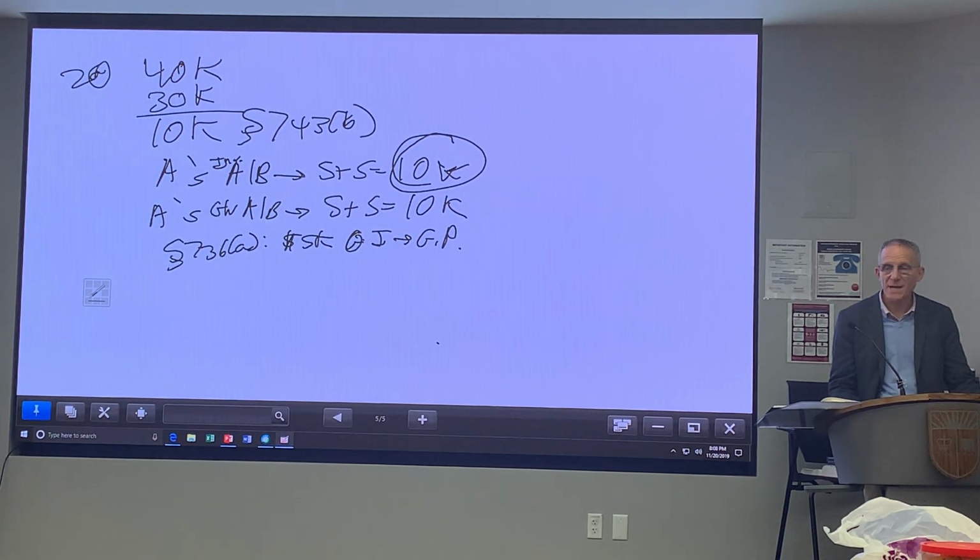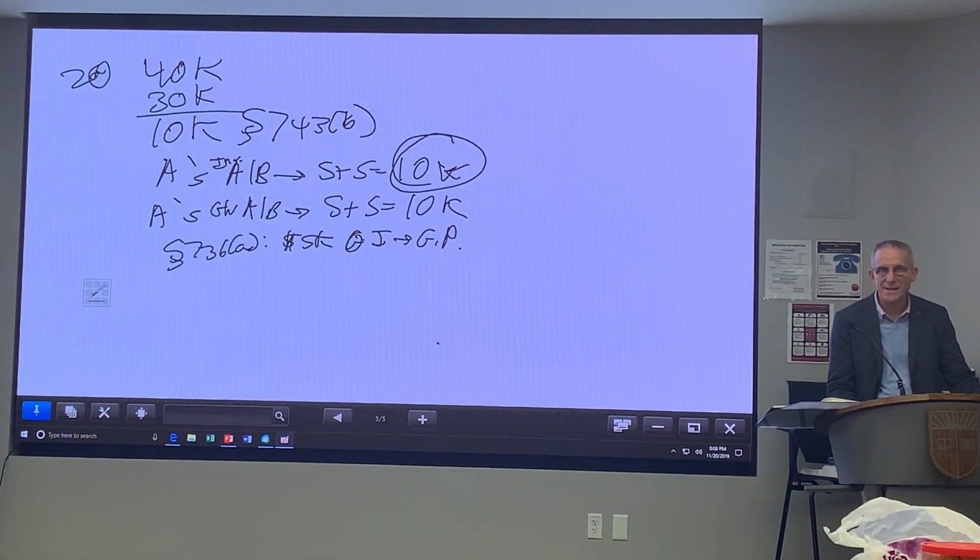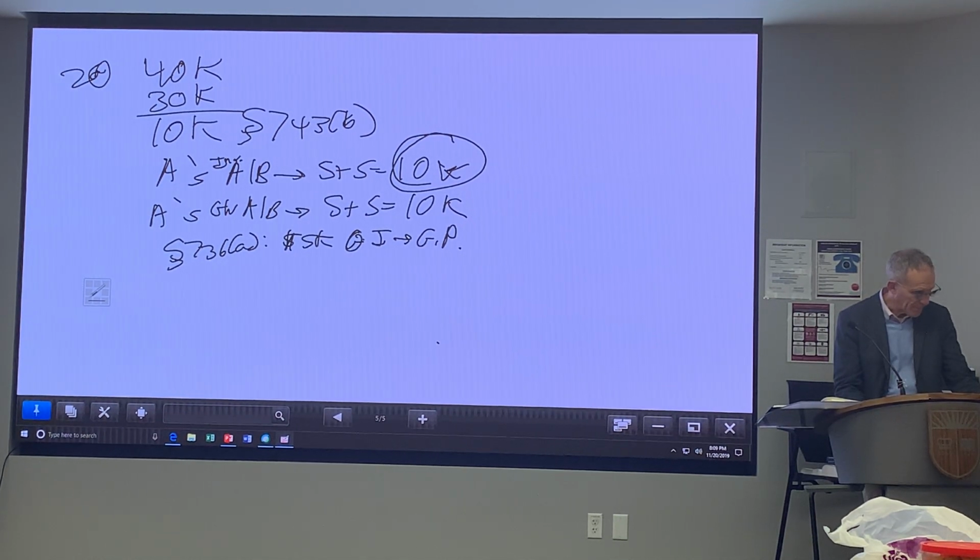We're going to give him $10,000 worth of inventory with a basis of 10. And he's going to sell that, because he doesn't want the inventory. Is he going to have any gain or loss? No.